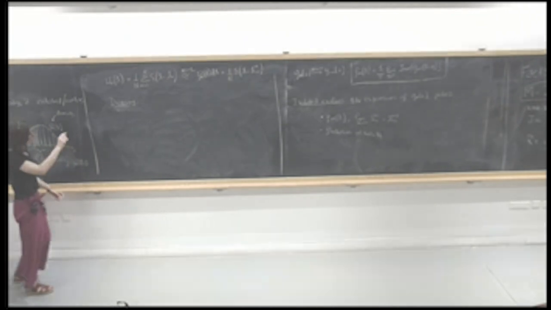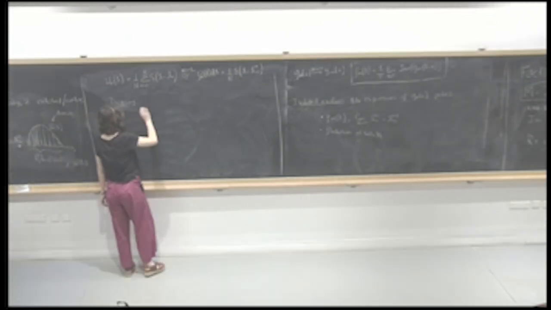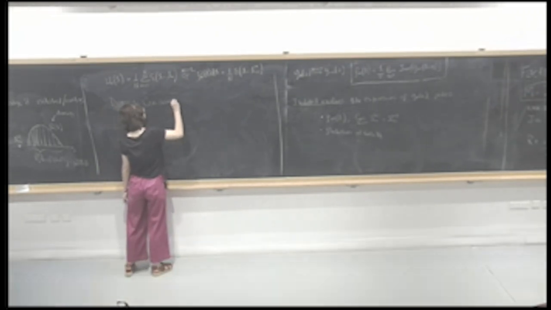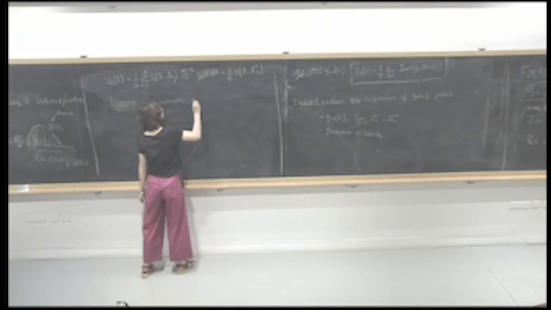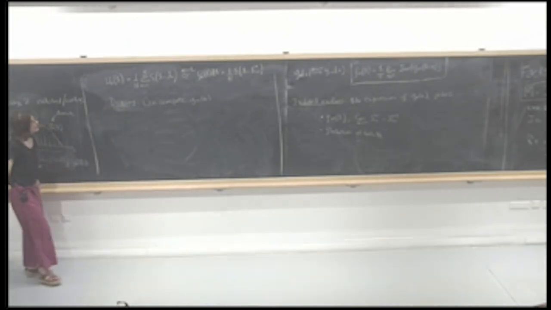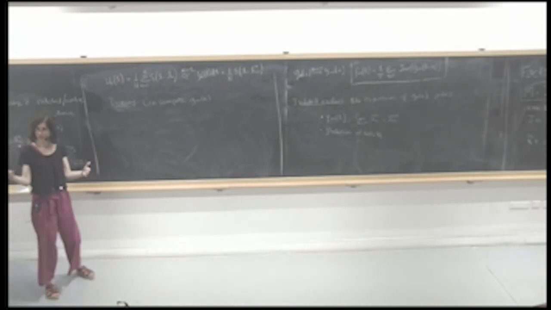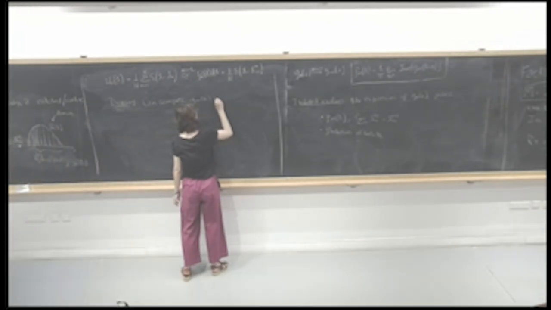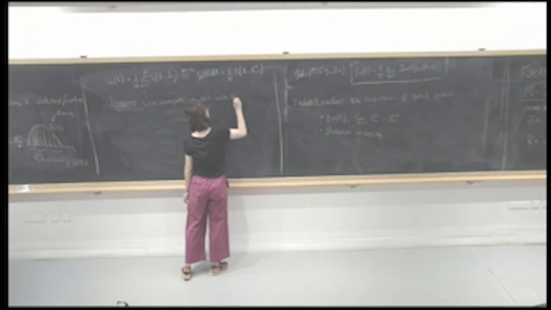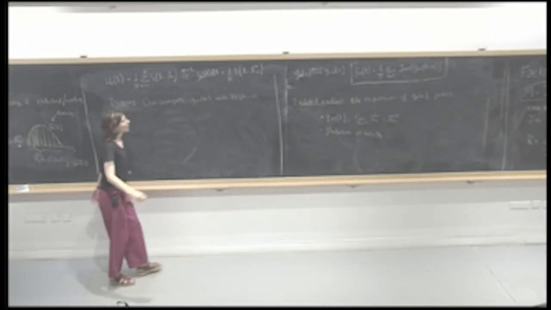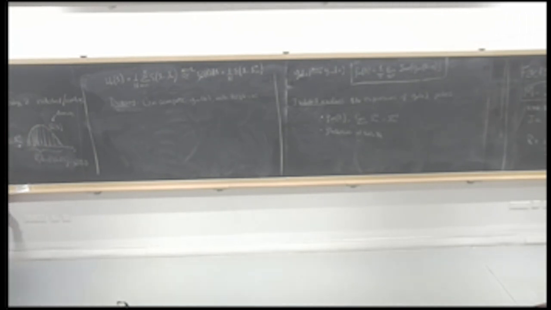Now, for these Gaussian matrices, you can actually compute this G infinity. And one way to compute this is to use, for example, the replica method that I will come back to next time, which I wanted to do here, but there is no time.